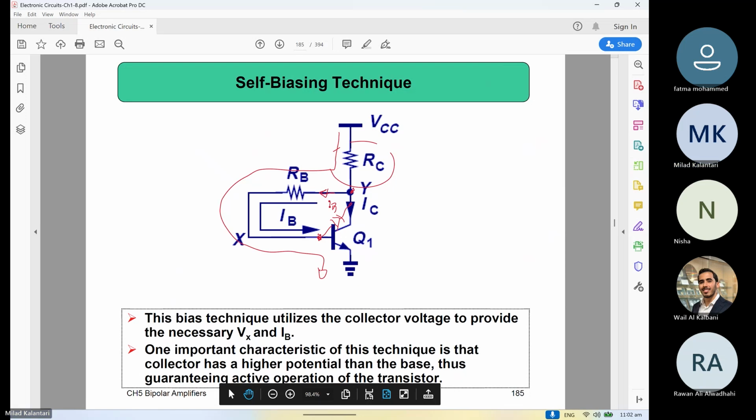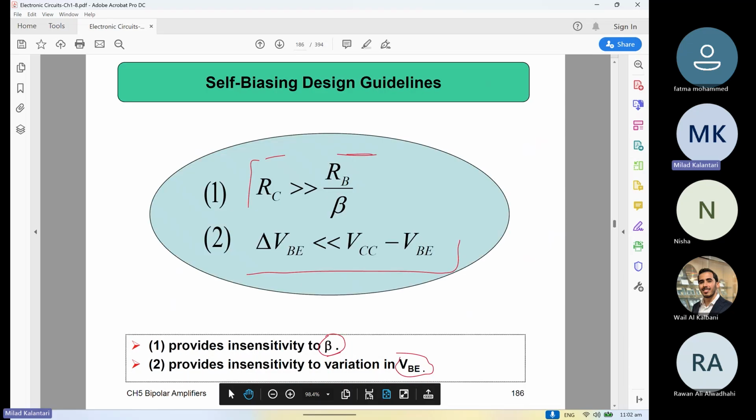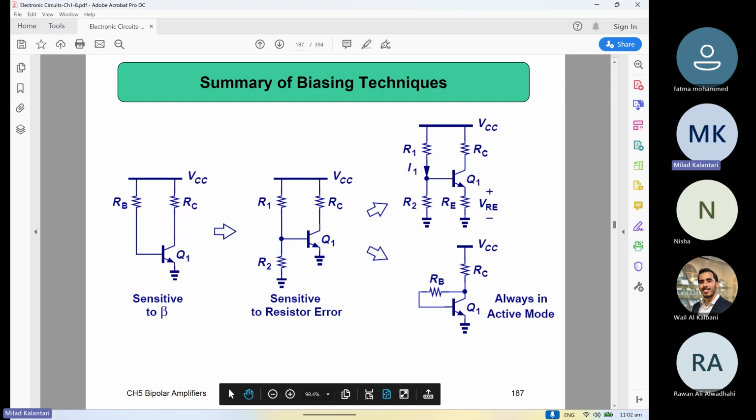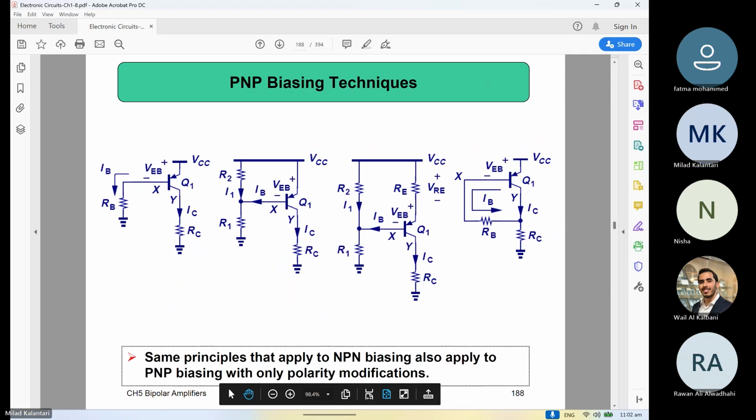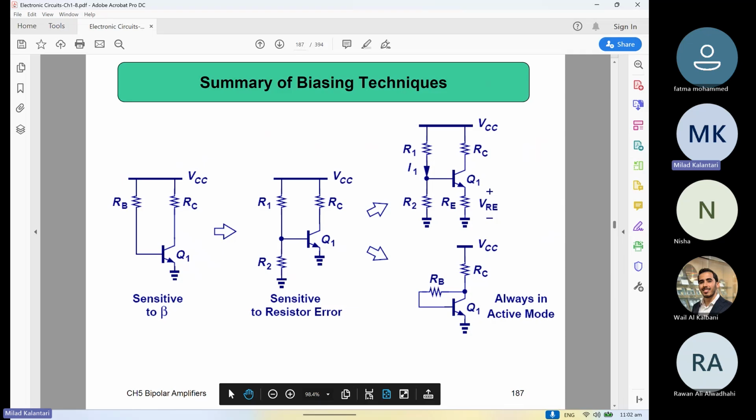This is good from that perspective, because the device is always in the active region. In the active region, we need one junction to be forward biased and the other to be reverse biased, right? So this also works. The reason I'm not going through it is that most likely people use this way.